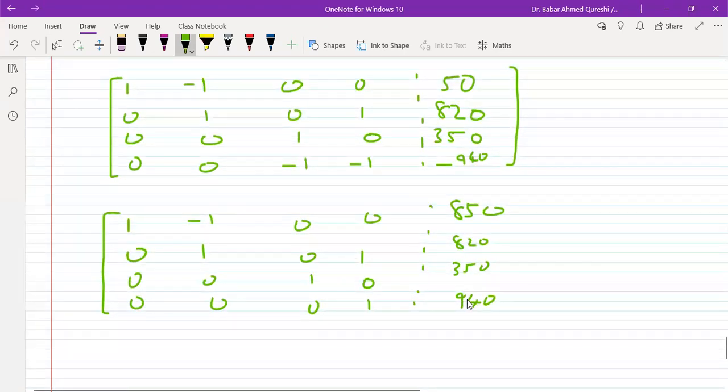So I find no inconsistency, no 0 row, so I know that I'll have a unique solution. I have put it in a triangular form, so I'll get exact answers for it.